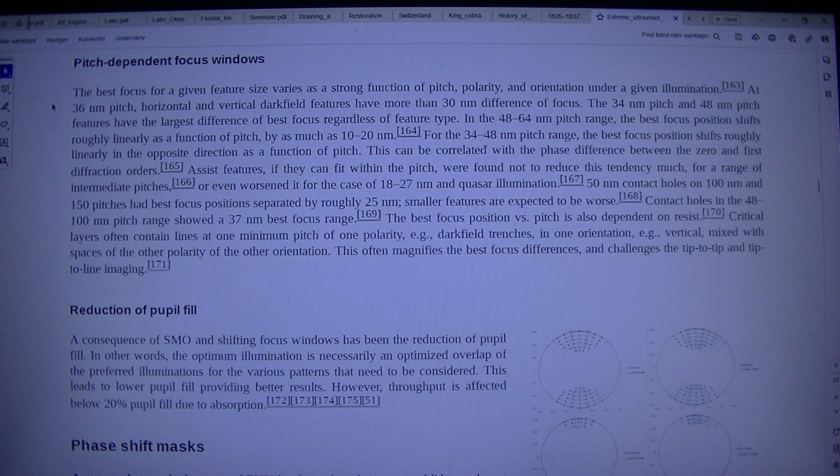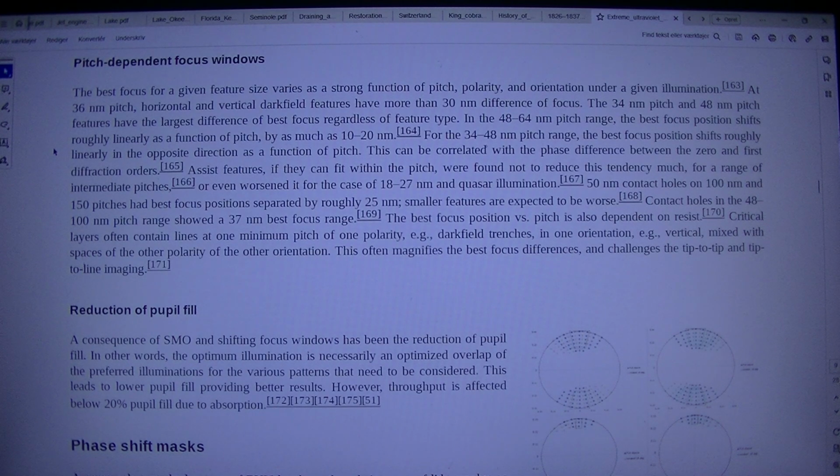At 36 nm pitch, horizontal and vertical dark field features have more than 30 nm difference of focus. The 34 nm pitch and 48 nm pitch features have the largest difference of best focus regardless of feature type.